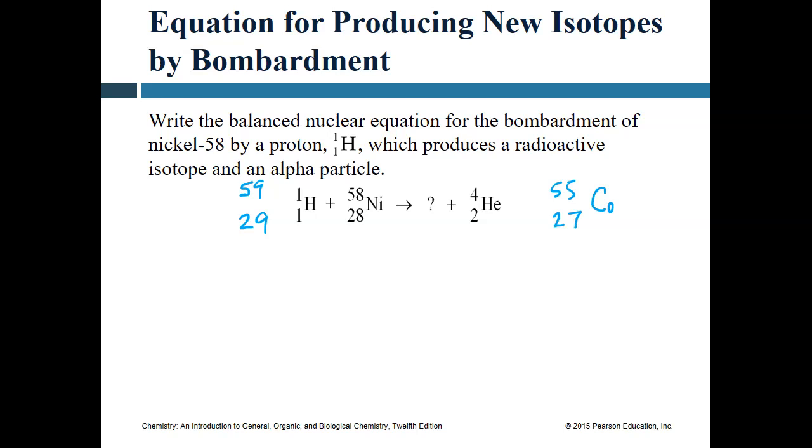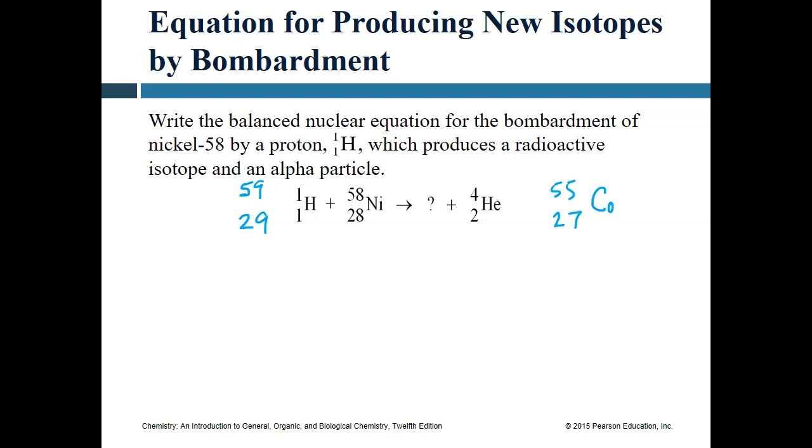So at cobalt-55, we're talking about a radioactive particle more than likely. So chances are pretty good that this cobalt would go through some other process along the way. And this time, since we are under that line of stability, we're probably looking at positron instead of beta.